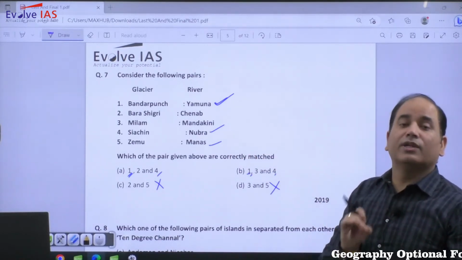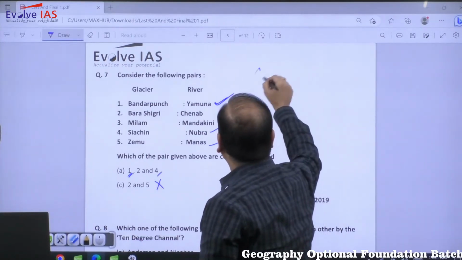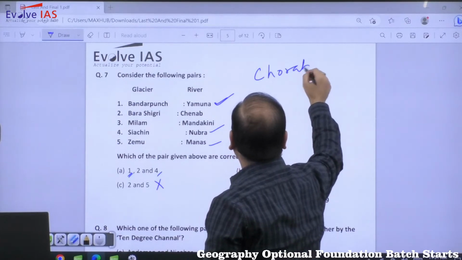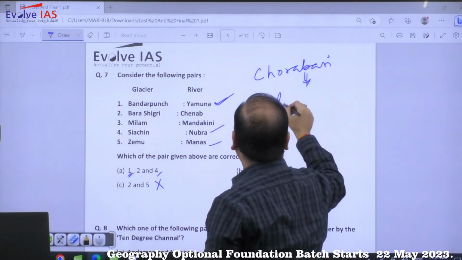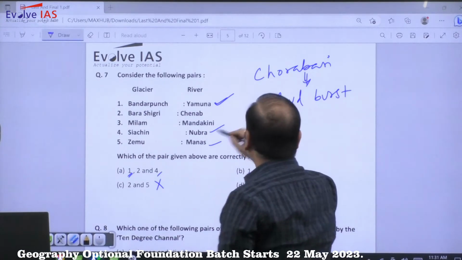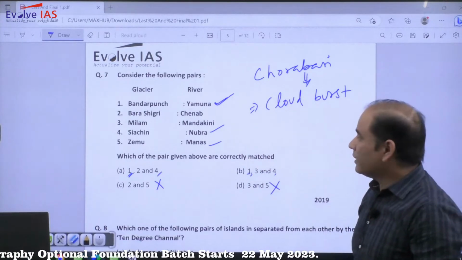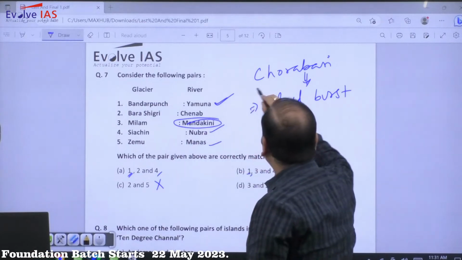Mandakini river originates from the glacier, and that glacier is Chorabari glacier, and this is the glacier where you will have the cloud burst. So cloud burst has happened here. So it is expected that you should know that Mandakini is associated with the Chorabari.